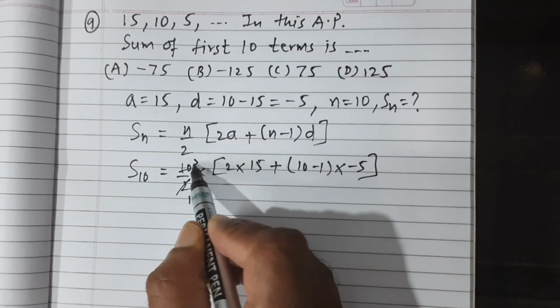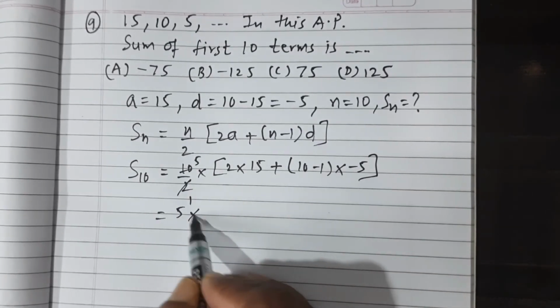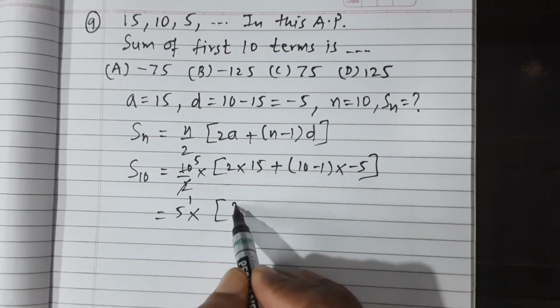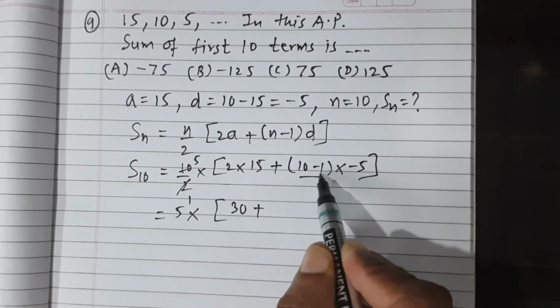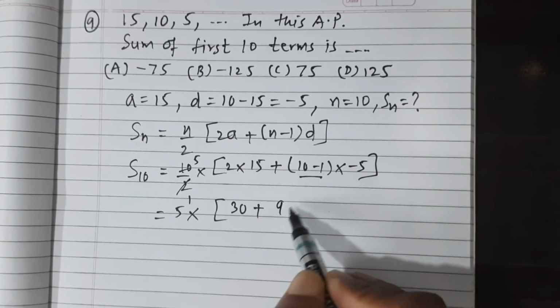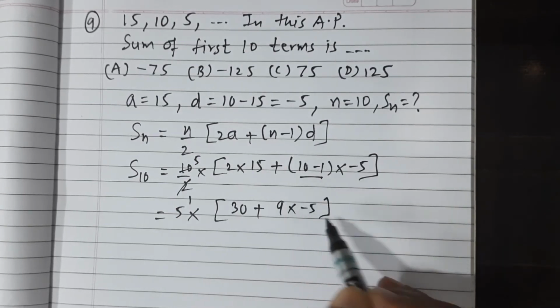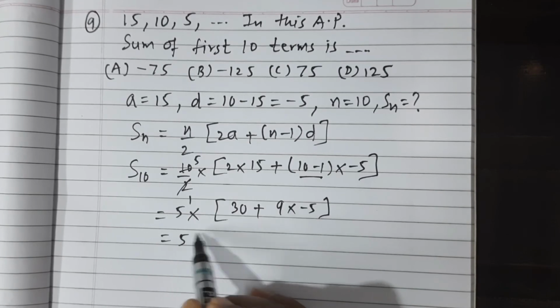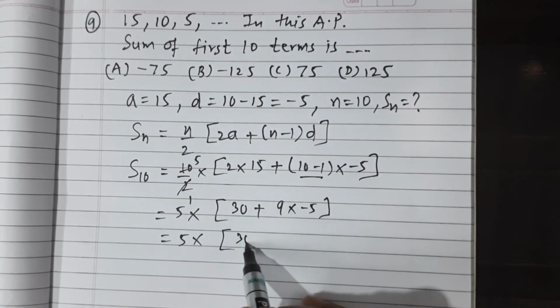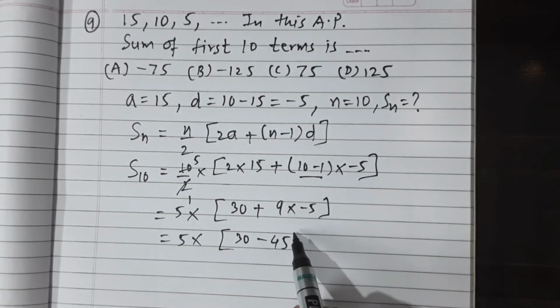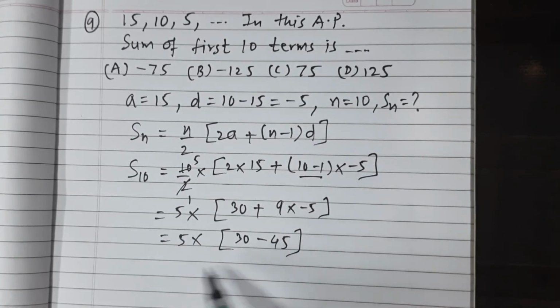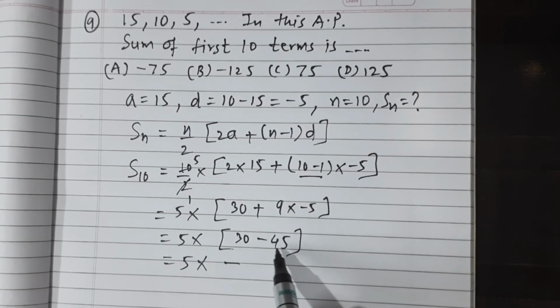Here 2 ones are 2, 2 fives are 10, so 5 into 15 twos are 30 plus 9 into minus 5, which is 5 into 30 minus 45, which is 5 into minus 15.